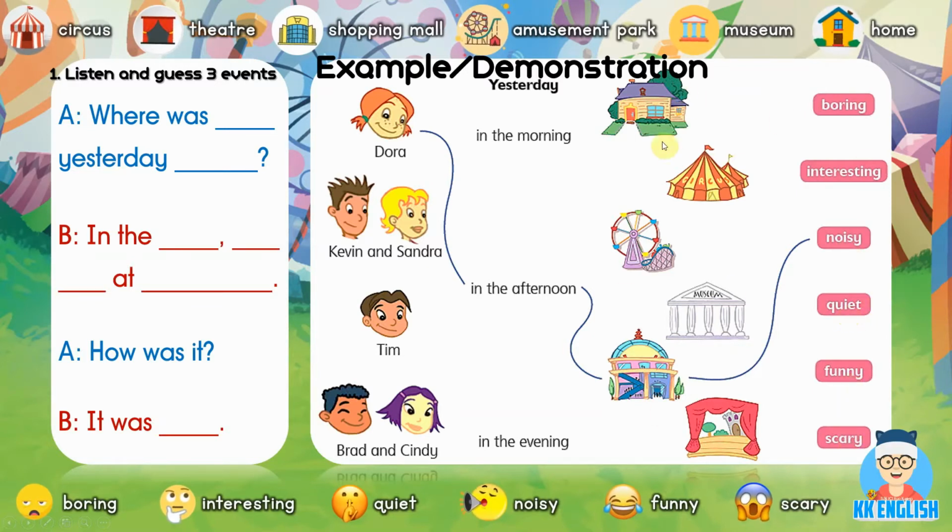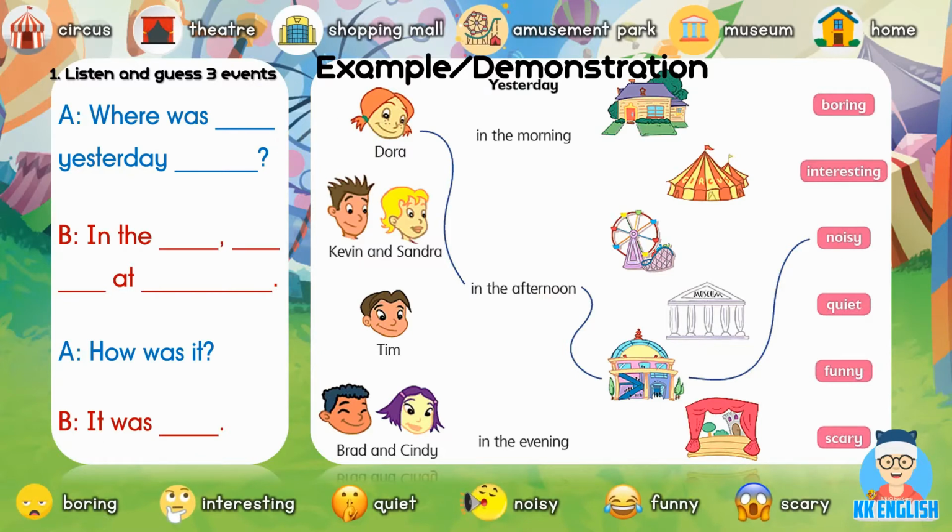Now all these places and all these feelings, you can find the meaning on top and at the bottom. If you are ready, we are going to do an example. 比如说，如果答案第一题是这样子的话，我们来听一下它的录音是怎样的哦。If the answer for our example is like this, Dora in the afternoon, shopping mall, noisy. So how will be the listening text like? Listen carefully.